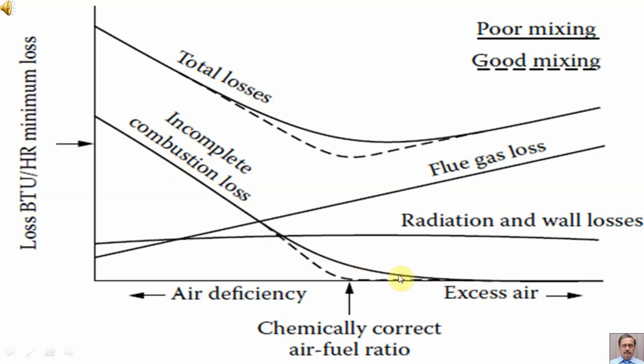The third type of loss is the flue gas loss. Flue gas loss reduces if the air amount is reduced, and it increases because a lot of heat is going waste because of the flue gas going out into the atmosphere through the chimney.